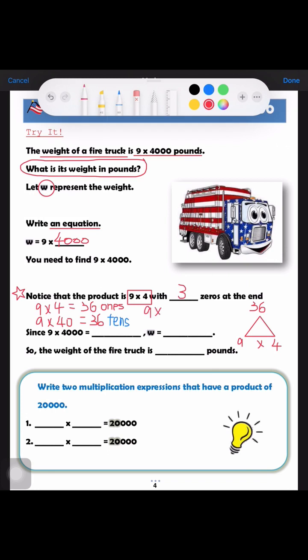And then 9 times 400 equals to 36 hundreds. At last, 9 times 4,000 equals to 36 thousands.